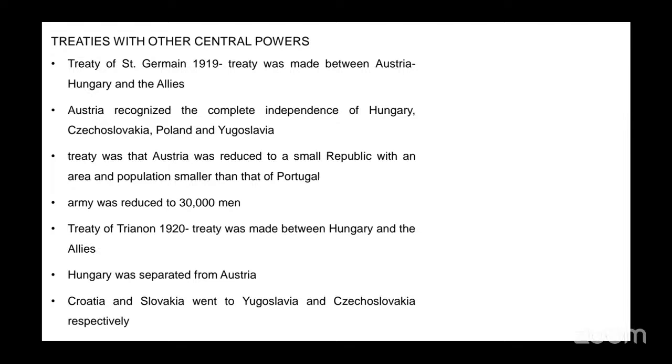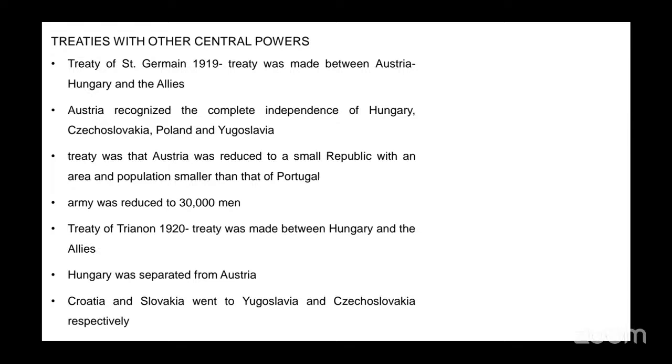The treaty reduced Austria to a small republic with a smaller population than that of Portugal. Earlier it was a huge nation, but now it was recognized as free of Hungary, Czechoslovakia, Poland, and Yugoslavia, so it lost most of its geography. The army was also reduced to 30,000 men.